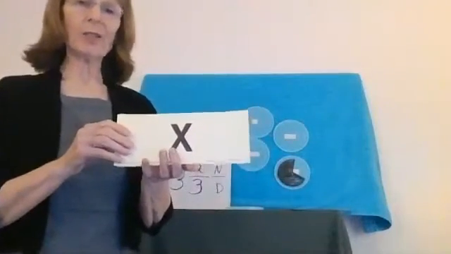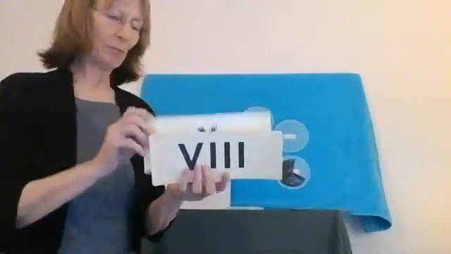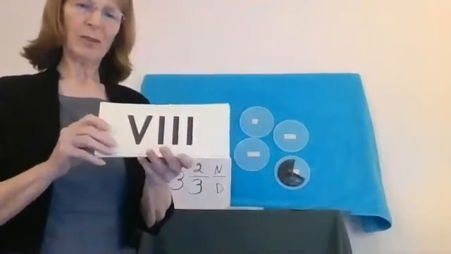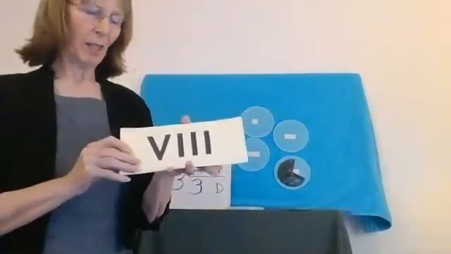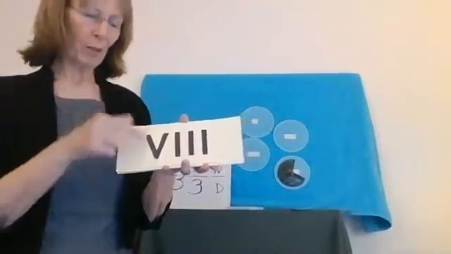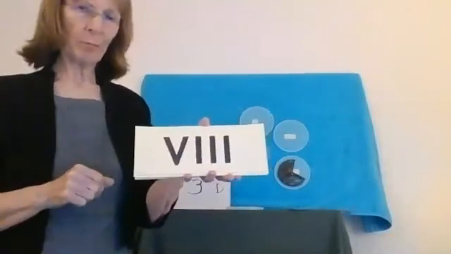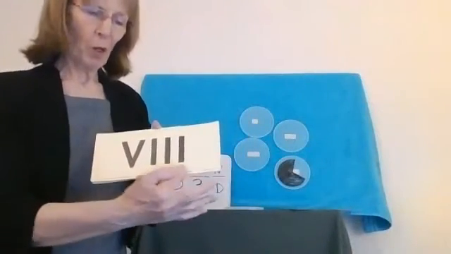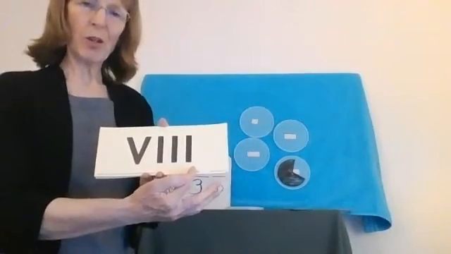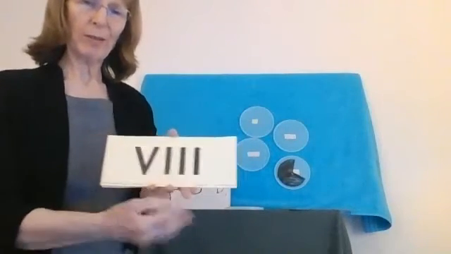And X is 10. Ooh, here's a V, I, I, I. Now wait, do we add to the 5, 3, or do we subtract? If the small is on this side of the larger, we add.